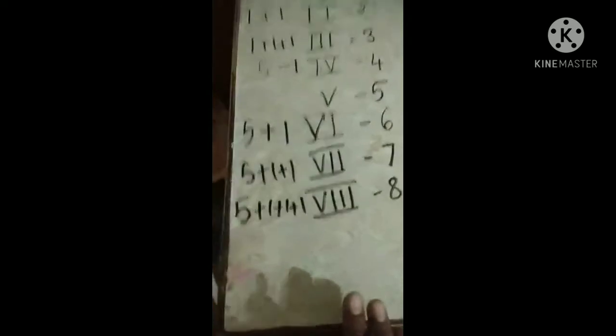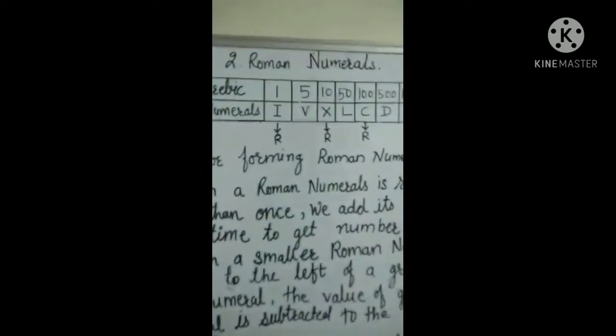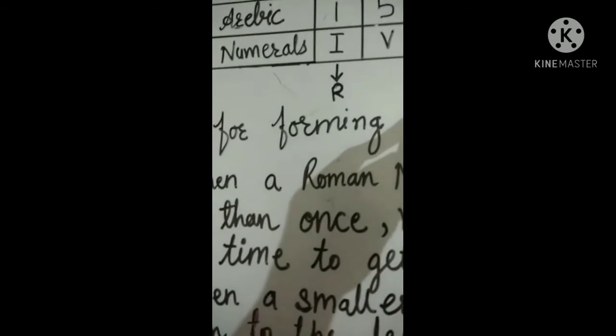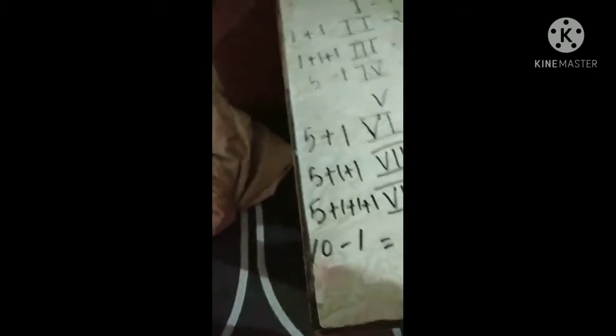Now for the 10, again we could take the help of the greater Roman numeral, that is X. X is written for 10, so IX is for 9. So it will become 10 minus 1 is equal to 9, and here X for 10.